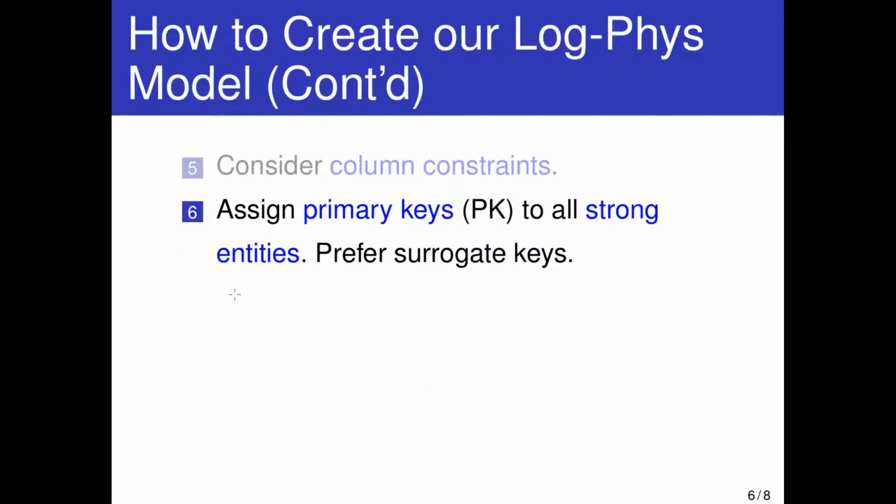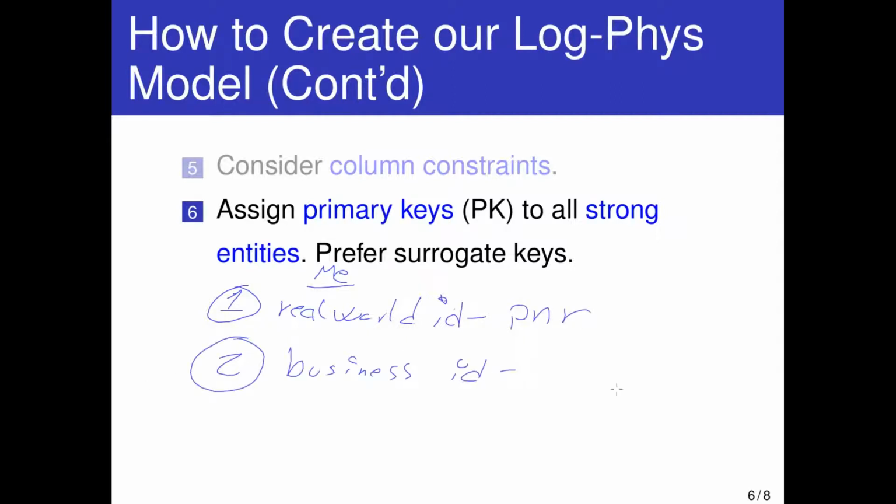The first, have 3 IDs, I mean 3 primary keys, you could say. First, it has the real world ID. Let's take me, for example. First, I have the real world ID, which might be my person number. Then I have a business ID. In my case, it's my employment ID or user ID, or whatever it's called. No, it's called employment ID, I think, at KTH, which is not my person number.